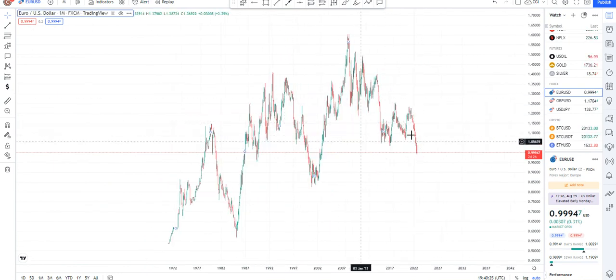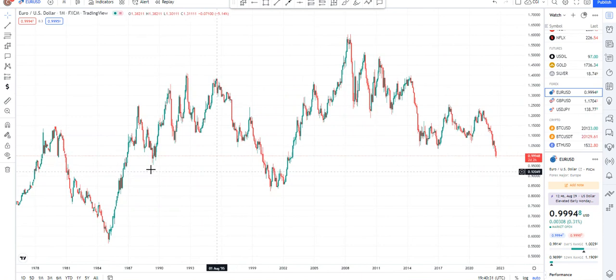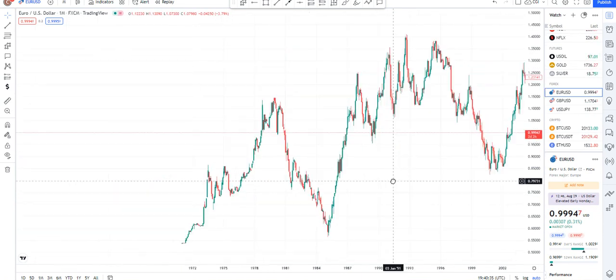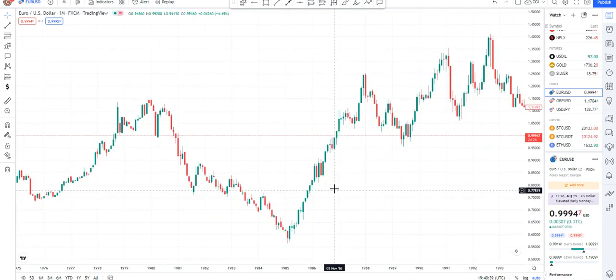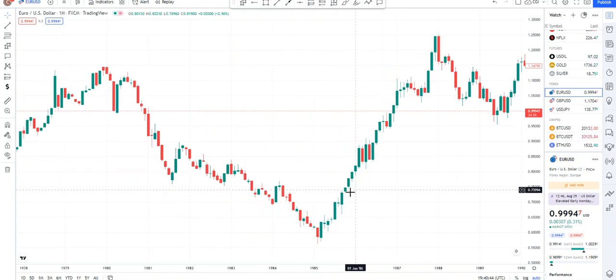So basically, Euro USD is bullish on the monthly charts. Right now we are retracing. So we want to see where this thing reacted from. So we'll look over here. We have a low here. This low is supposed to be a sponsor candle or something like this down here.